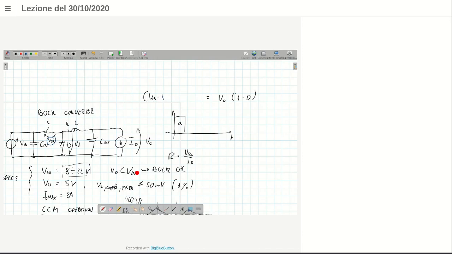And in the off phase, when the diode is on, the voltage across the inductor L is not just V out, but it would be V out plus VD, the voltage across the diode.